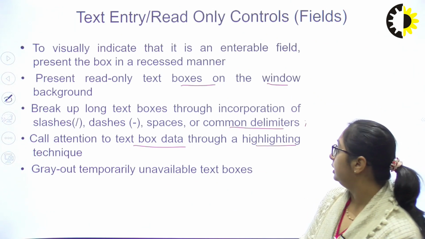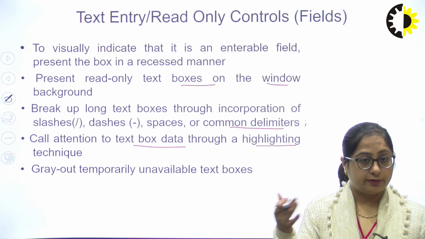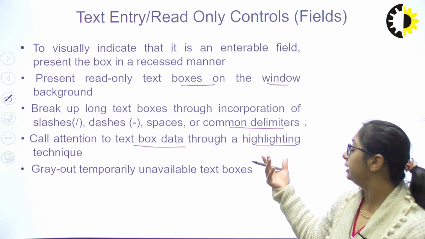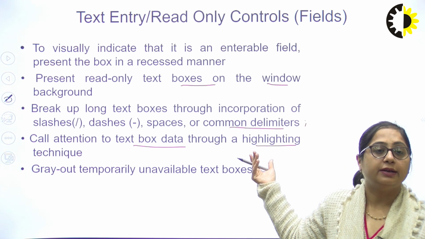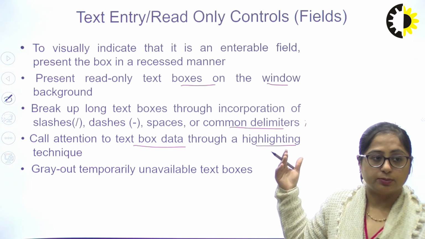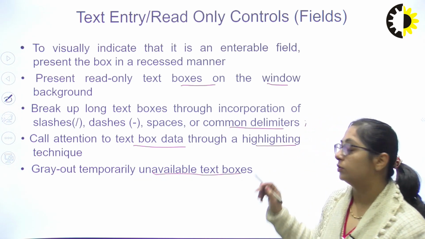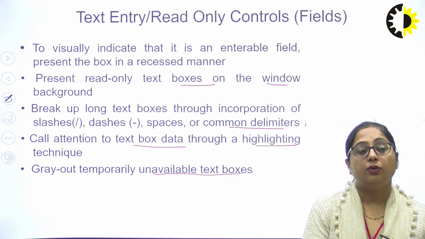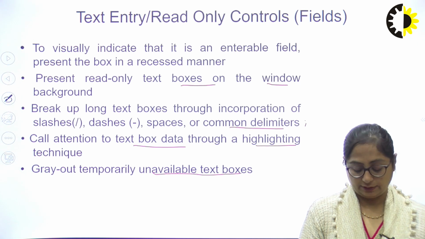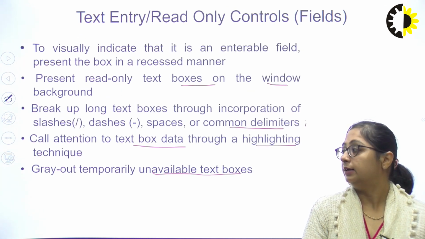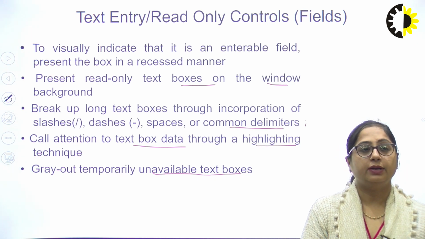We use highlighting to attract the customer to the sign in box and give the details of the customer, and gray out temporarily unavailable text boxes. Whenever there is a gray out, that means temporarily unavailable text boxes. So, these are the text entry controls.